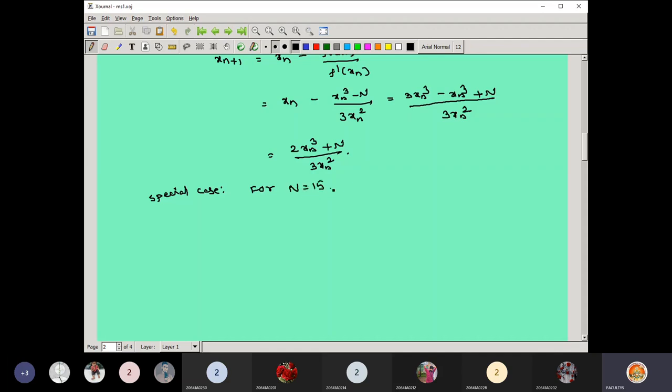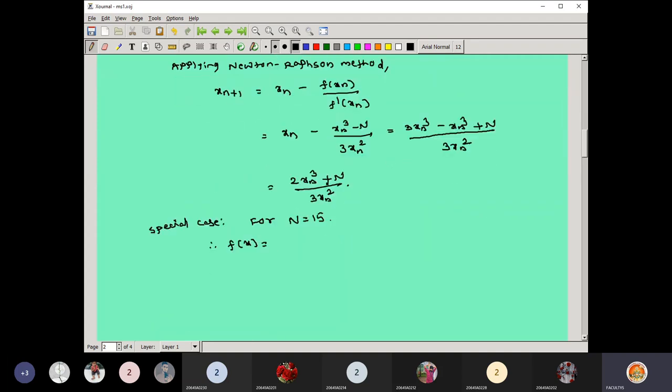For N equal to 15. Therefore f of x, as per the equation we have derived, is x cube minus N, which is x cube minus 15, equal to 0.